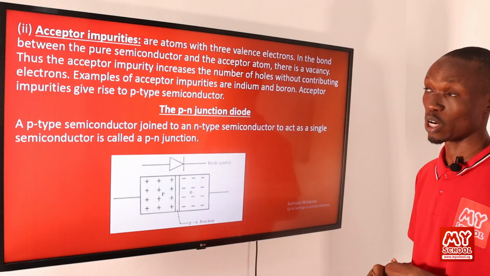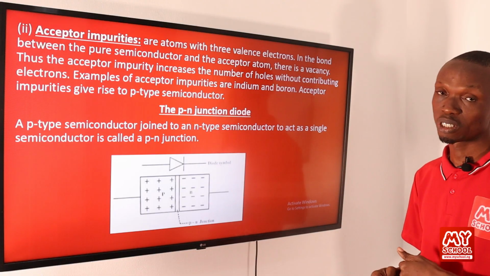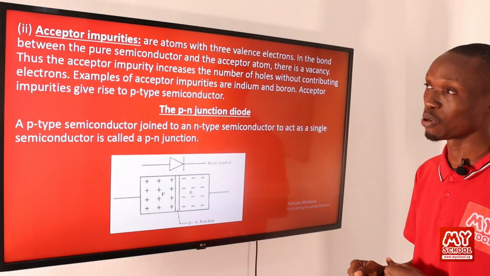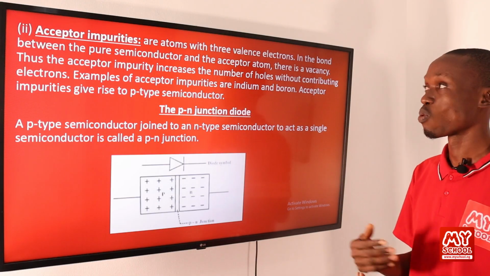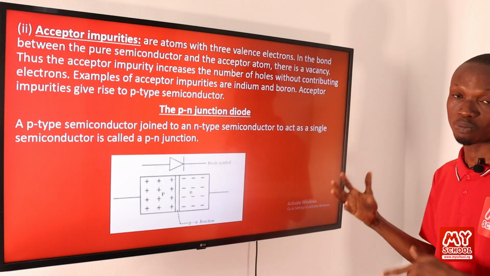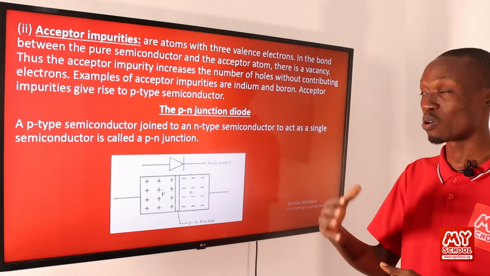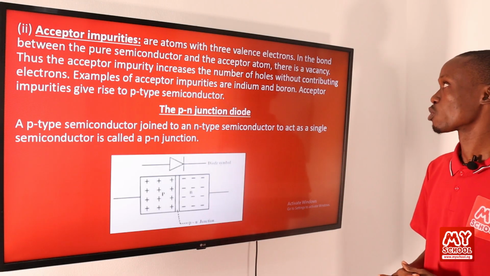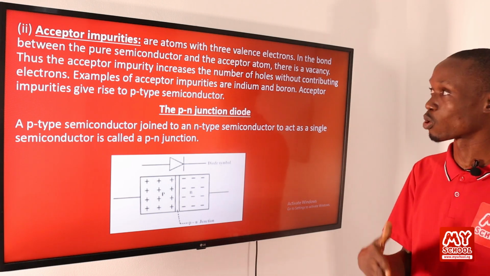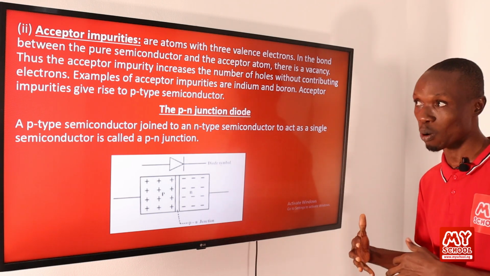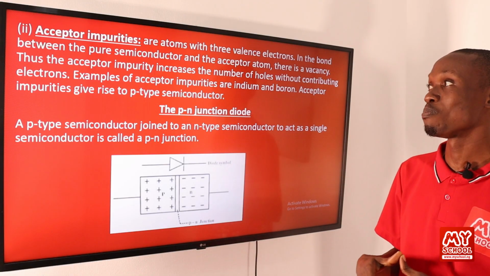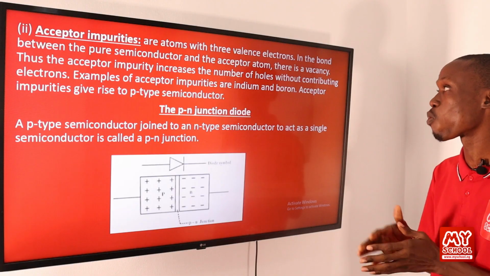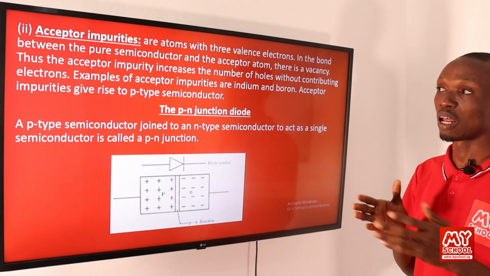Now, on the next slide, we are talking about the second type of impurity, which is called the acceptor impurities. Acceptor impurities are atoms of elements with 3 valent electrons, meaning that they have 3 electrons on their atomic shell. So in the bond between the pure semiconductor and the acceptor atom, there is a vacancy. Thus, the acceptor impurity increases the number of holes without contributing electrons.